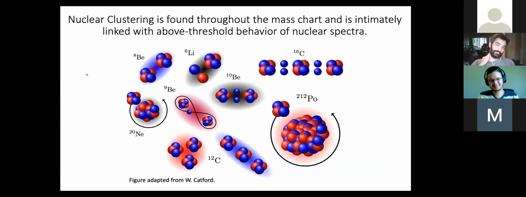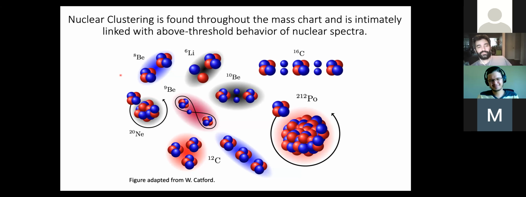Finally, because ab initio nuclear theory treats the fundamental particle as being the nucleon, so the proton and neutron, one can study the emergence of phenomena that happen when you are near the threshold of where continuum states begin and where bound states are. One such example is nuclear clustering, which is my favorite emergent phenomenon.